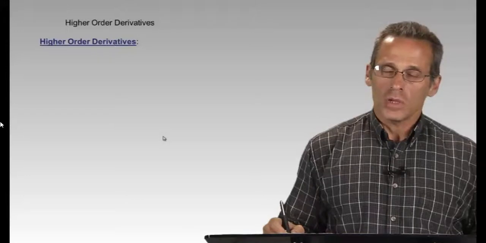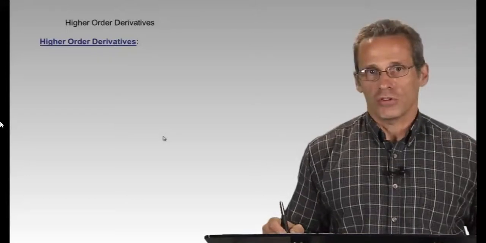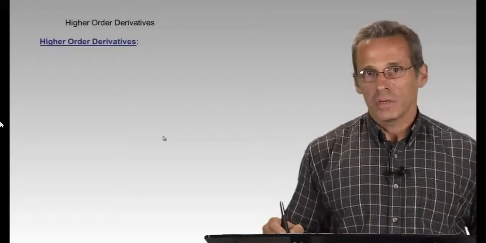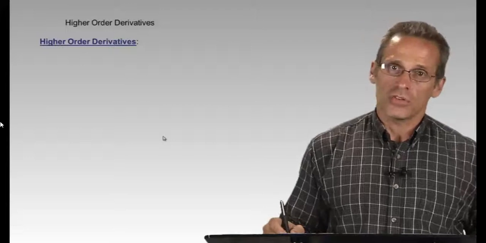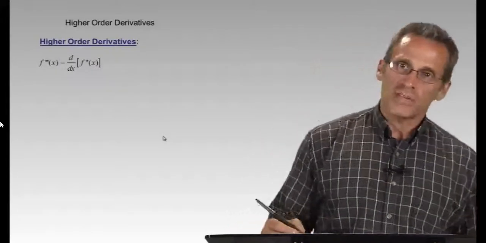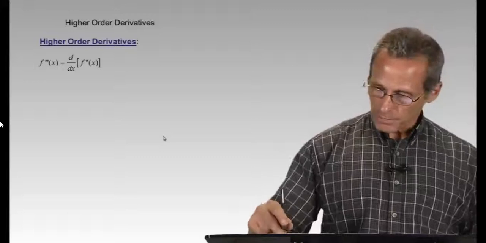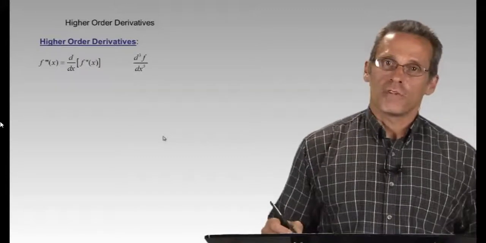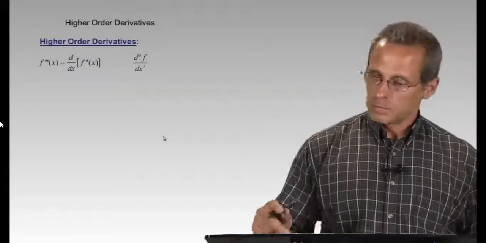Next, turn our attention to derivatives of a higher order than 2. In other words, a first derivative is considered a derivative of order 1, and a second derivative is a derivative of order 2. The third derivative is the derivative of the second derivative. The third derivative of f with respect to x, if you will.